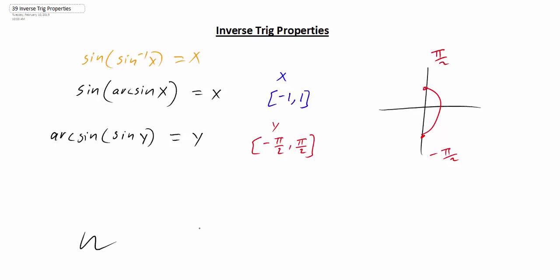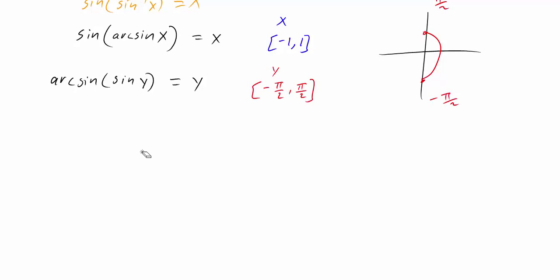All right. And then if we were to look at the other example, if we go to the cosine, we would have the cosine of the arc cosine of x. And again, this would be simply equal to x as long as our x value is from -1 to +1.